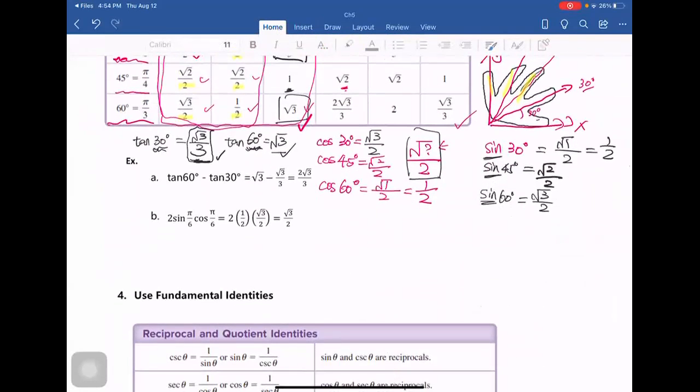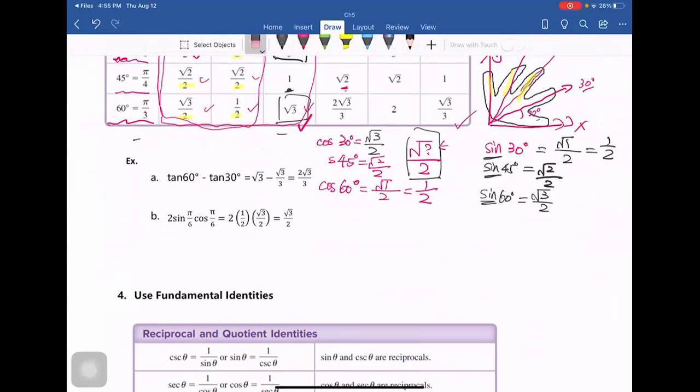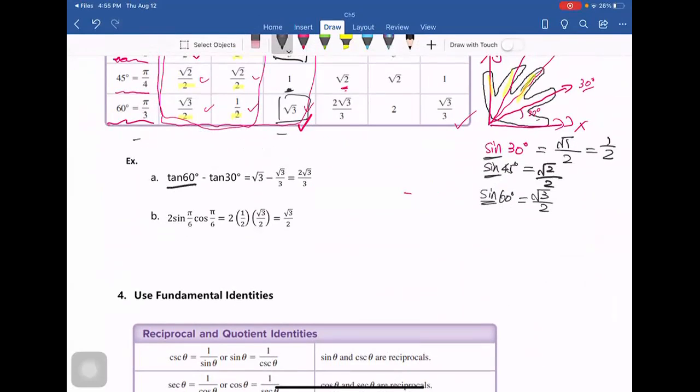So here are the examples. Let me clean up this. Okay, in the first question, we have tangent 60 subtract tangent 30. We know tangent 60 is square root of 3, and tangent 30 is square root of 3 over 3.